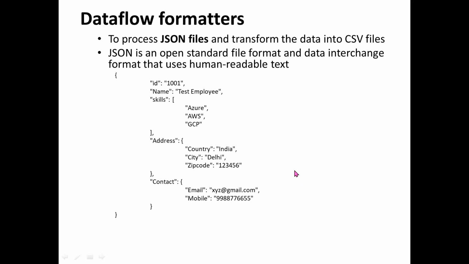For example, you're dealing with a client and asking for some data source to be sent, and don't assume he will always send CSV files. He will say, I have that file already in JSON format, why don't you use that? In that case you should be in a position to read that file, bring it to your data store and use it. For that, you need special formatters to deal with JSON-like structured files.